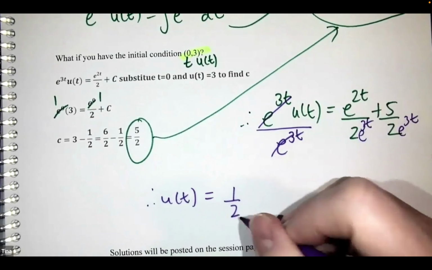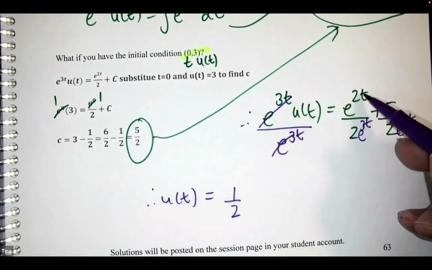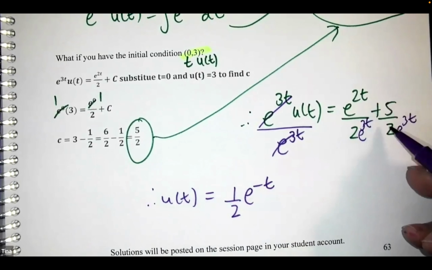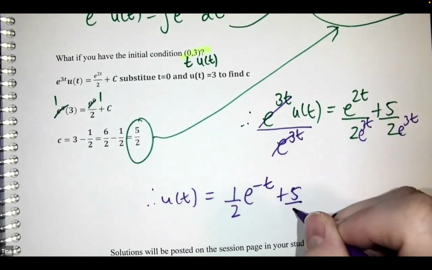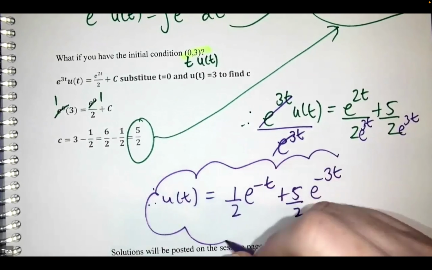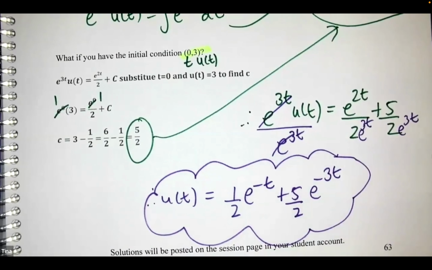So I could say 1 half, subtract my exponents, 2t minus 3t is negative t, and then plus 5 halves, and I'd probably just write it like that on the top with the negative exponent.